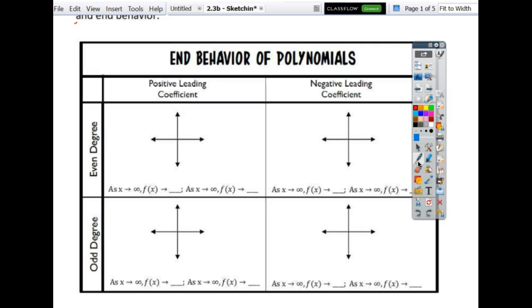All right, so even degrees with a positive leading coefficient, the end behavior was up and up. So when you go from positive infinity or negative infinity, both are headed to infinity. A negative leading coefficient with even, they're down on both sides.